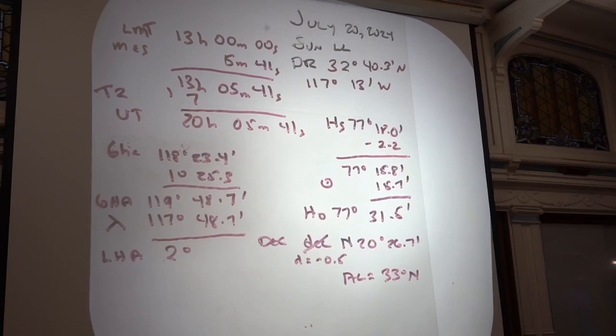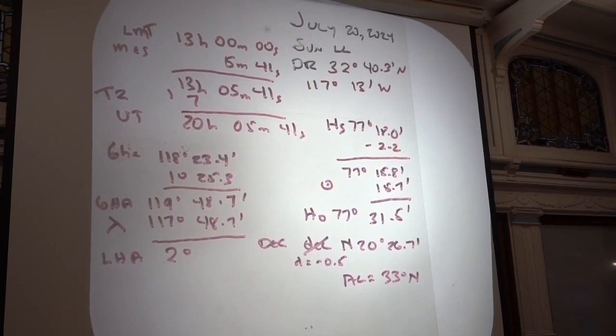Our declination is not a whole number, but this column only has whole numbers, so we're going to cross-index the declination of 20 degrees with 2. That's about the 3rd row down.